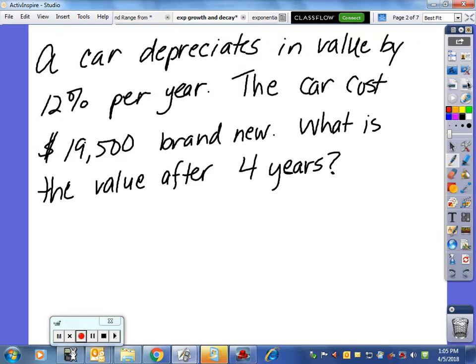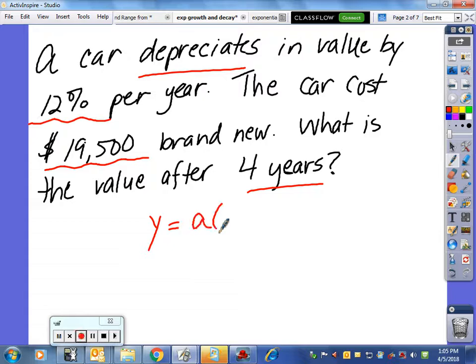Okay, let's look at some problems. A car depreciates in value 12% per year. What do you think depreciates means? Goes down. So this is going to be decay, not growth. The car cost $19,500 when it was brand new, and we want to know how much it's going to be worth after 4 years. We're going to use our formula.